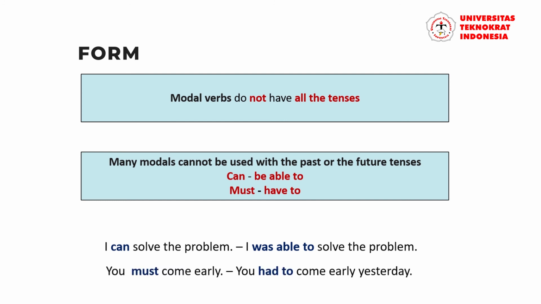And then the next one, if we have the sentence such as you must come early, and I want to change it into the past form, I can change to the synonym of must, which is have to. So the past form will be you had to come early. Okay.